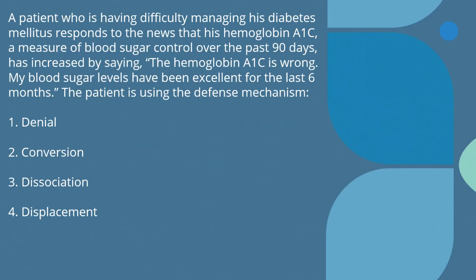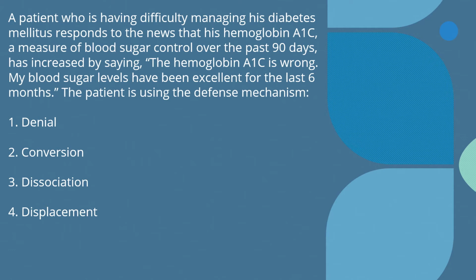A patient who is having difficulty managing his diabetes mellitus responds to the news that his hemoglobin A1C, a measure of blood sugar control over the past 90 days, has increased by saying, "The hemoglobin A1C is wrong. My blood sugar levels have been excellent for the last 6 months." The patient is using the defense mechanism: 1.